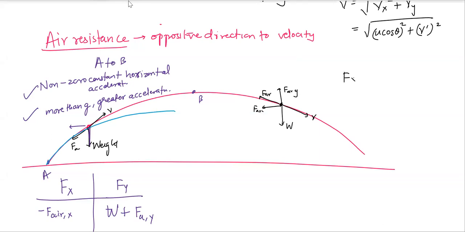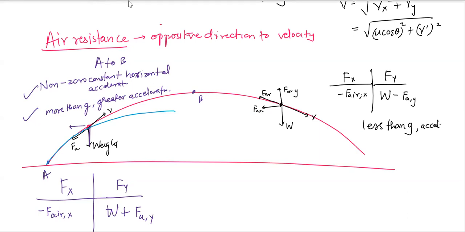So if I see forces in the x direction, there is air resistance acting in the x direction, and it will be constant. For the forces in the y direction, it will be weight minus the force of air in the y direction. So it will be less than g acceleration in the y direction, and this acceleration will be decreasing, while the other will be increasing.